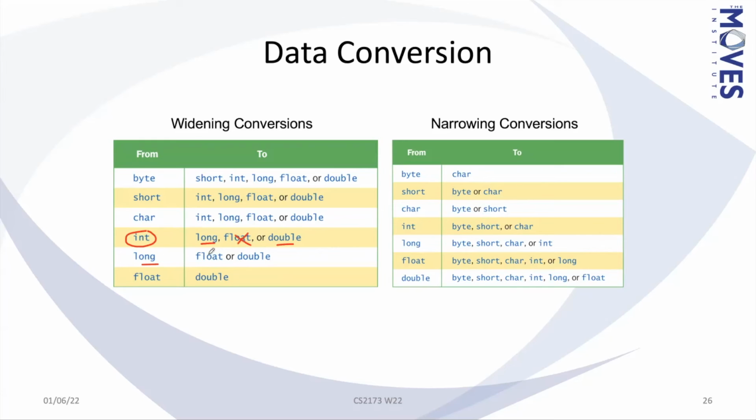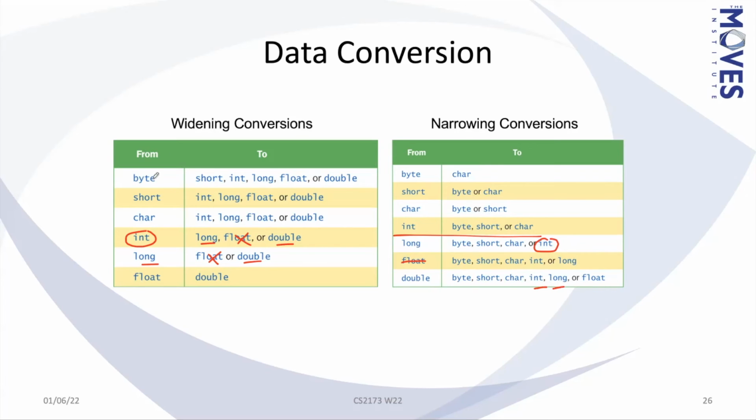I can take a long and widen it to a double, again, without worrying, or I can take a float and widen it to a double, but since we don't use floats, we don't have to worry about that. Now, narrowing: since we're not using bytes and shorts and stuff like that, we don't have to worry about that. However, taking a long and narrowing it to an int is something which might arise. We are not going to use floats, but taking a double, we can turn it into a long or an int if we want.